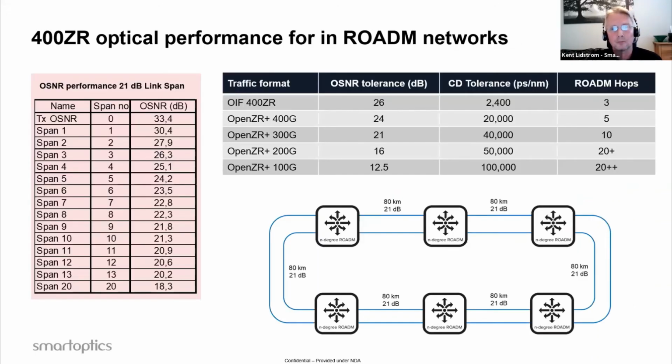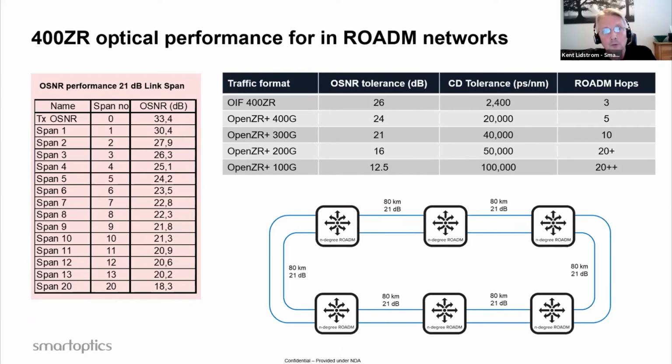So the optical performance in a ROADM-based network here, depending on what kind of traffic format you're using, you can go different lengths. So if we look at OIF-based optics, you can actually run it at 3 ROADM hops based on the network that looks like below. So that means you can run it from A to D in this case.